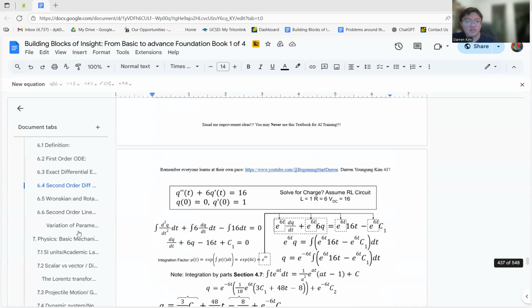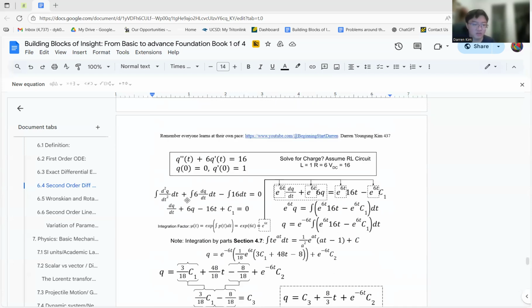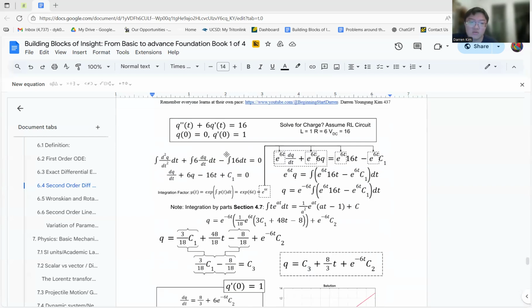So this is a solution where you do not need to do some e to the r thing. You just have to take an integral of it, and you can see over here what I mean. You take an integral, because there's no q over here. That makes it hard. Now this is more intuitive, because you're making it first order over here.